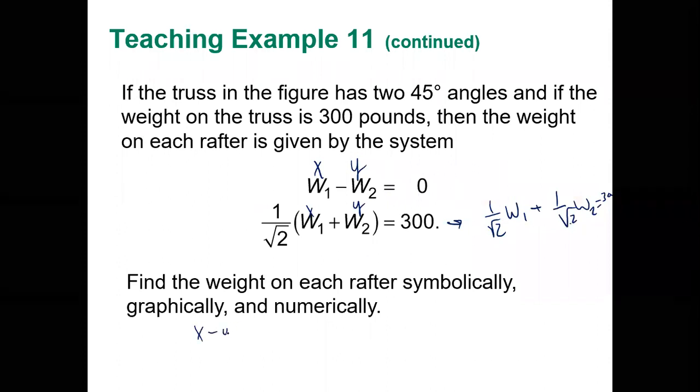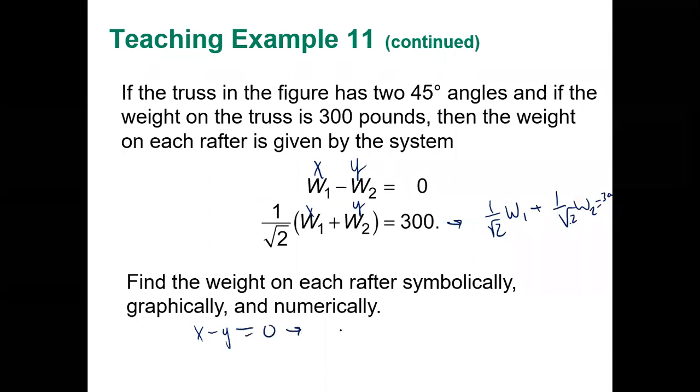So we have x minus y equals 0, which would become y equals x. That's my y1. And then in the next one, we have 1 over the square root of 2 times x plus y equals 300.